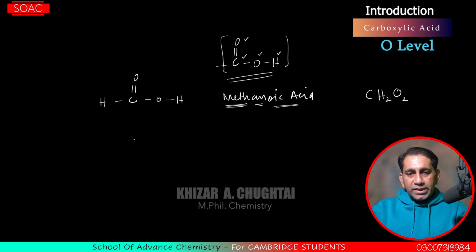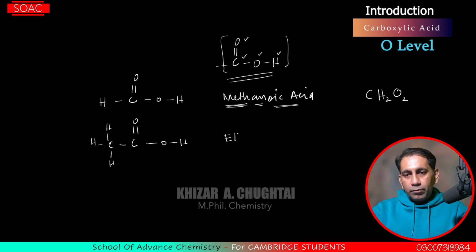Now come to the second member of this homologous series. If the carboxylic acid has 2 carbon atoms, then its structural or displayed formula will be like that. As you know, it has 2 carbon atoms, so its name will start from eth.